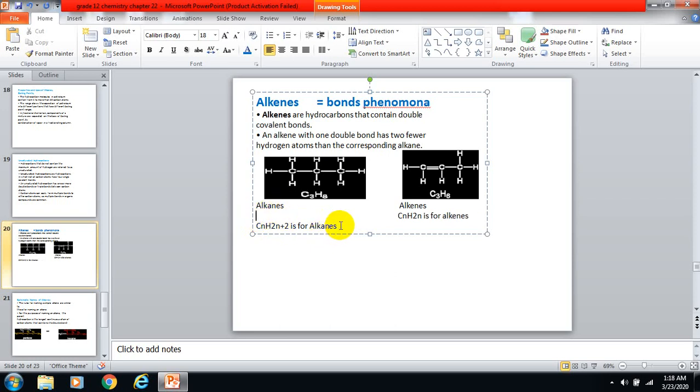Alkanes have the formula CnH2n plus 2, and alkenes have CnH2n, respectively.